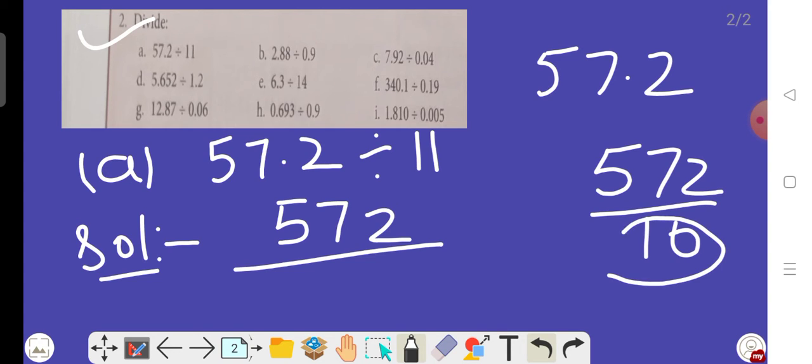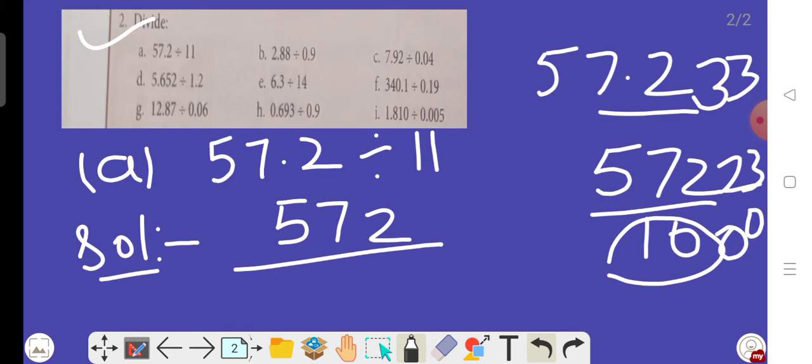We have written here 10 beta because after the decimal there is only 1 digit, okay. If there will be 2 digits, then we have to write 100. If there will be 3 digits, then we have to write 1000, okay.